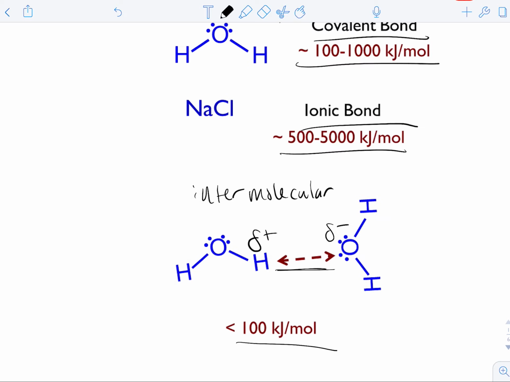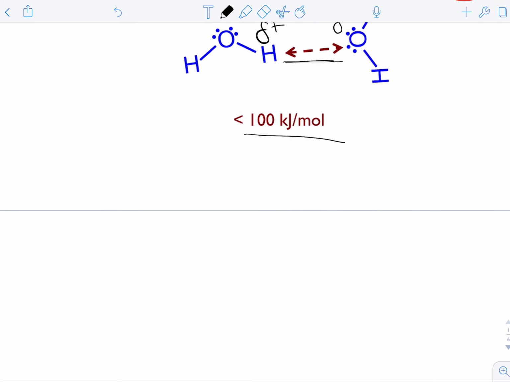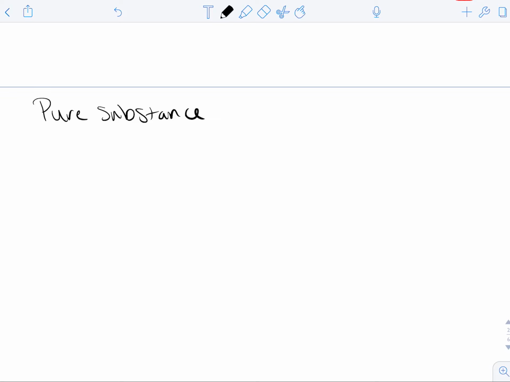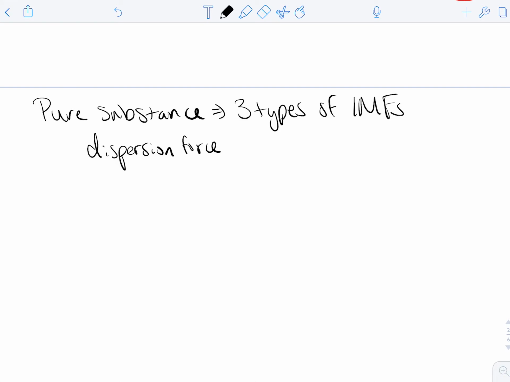Okay, we're going to look at three types of intermolecular forces in pure substances. So for a pure substance, so not a mixture, we have three types of intermolecular forces. These include dispersion forces, dipole-dipole forces, and hydrogen bonding.